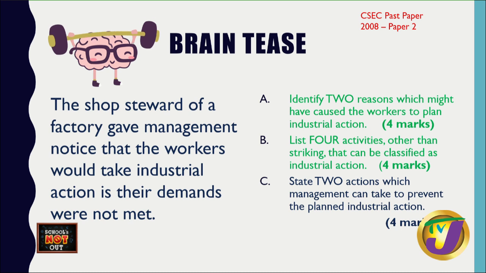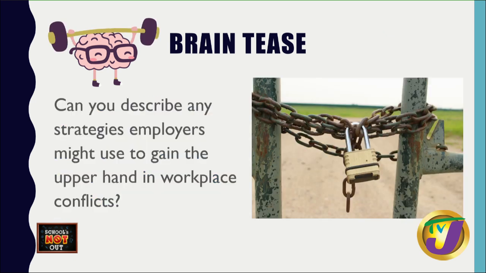Okay, so let us look back at some of the other brain teasers and hear your responses. Earlier, we had another question. I think the question we asked earlier is if you could describe any strategies used by employers, and this question might have been repeated based on the CSEC question that we asked earlier.